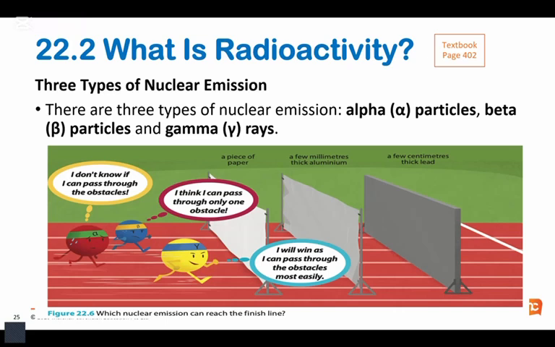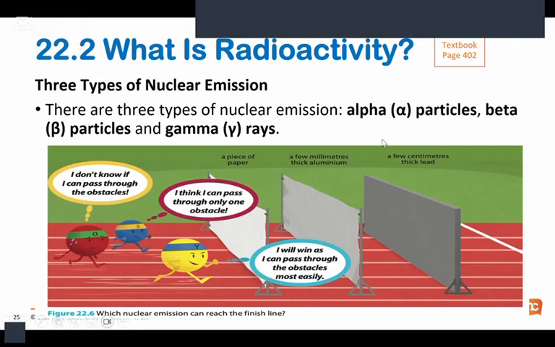So the three types of ionizing radiation or nuclear radiation that come out from a radioactive nucleus are alpha particles, beta particles, and gamma rays. Okay, three types. They have slightly different properties because they are slightly different.